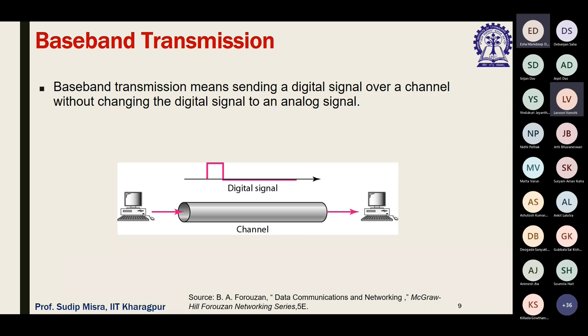A low pass channel is one with a bandwidth that starts from 0. This basically happens if we have a dedicated medium with a bandwidth constituting only one channel. For example, the entire bandwidth of a cable connecting two computers is one channel.